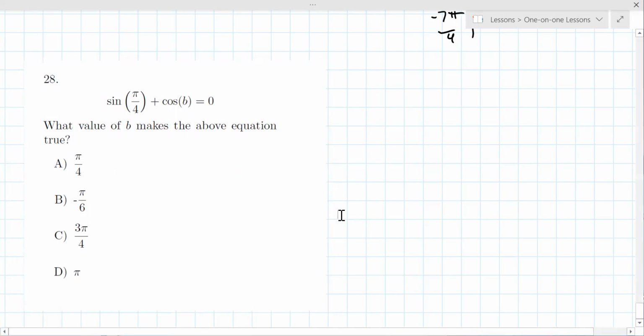All right. So give this one a try. See if you can get this done in the next minute. Okay. Oh God. Okay. Sine. Pi over 4. Sine. We want it's root 2 over 2.